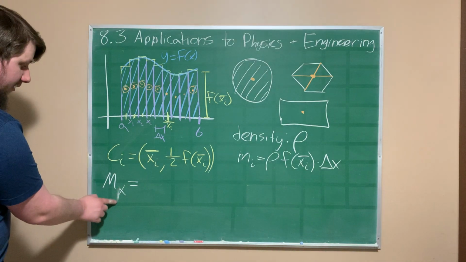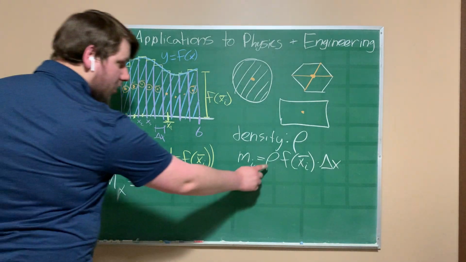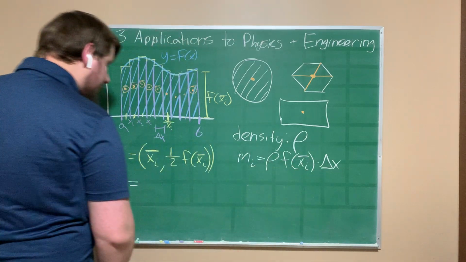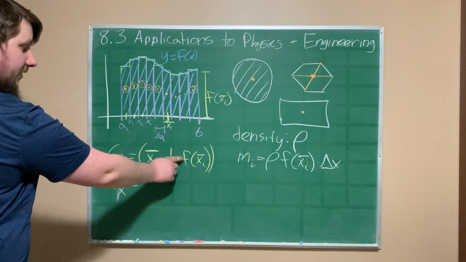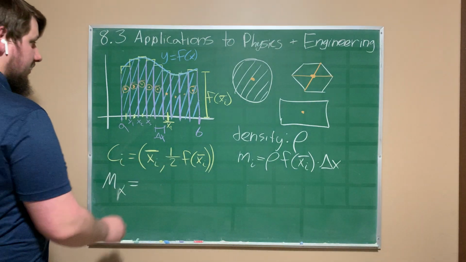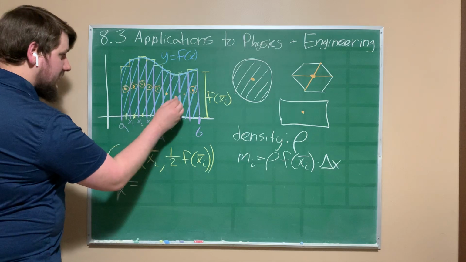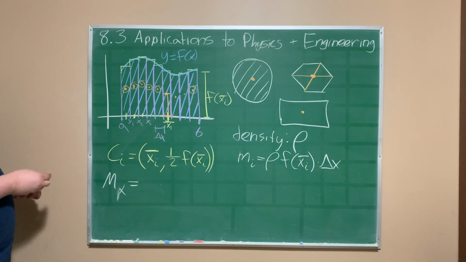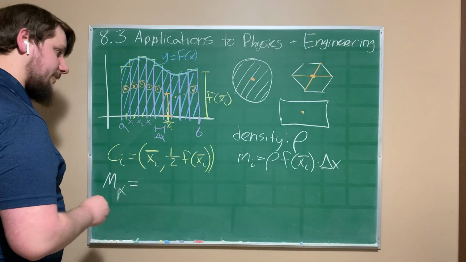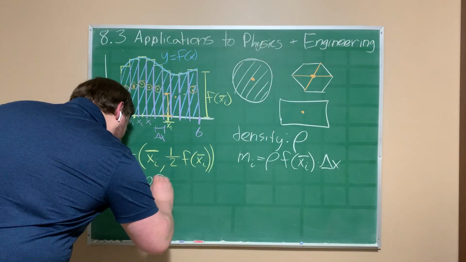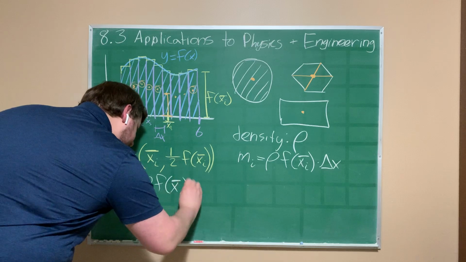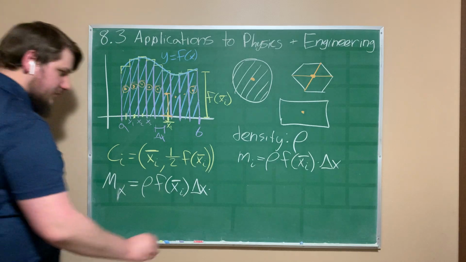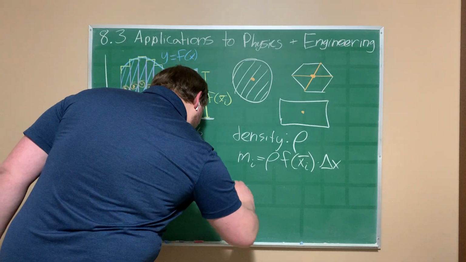So the moment with respect to the x-axis is going to be rho times f of xi bar times delta x, multiplied by this vertical distance here, the distance of each of these points from the x-axis there. That's going to be the distance that I use for my moment calculation. So we're going to have rho times f of xi bar times delta x, all multiplied by this height here, which is 1/2 f of xi bar.